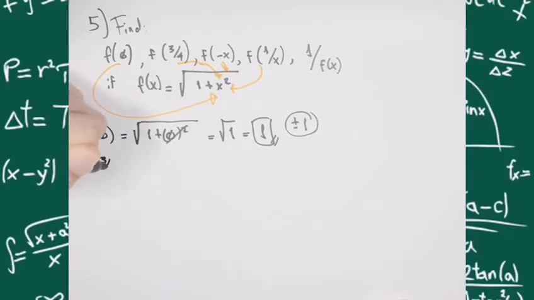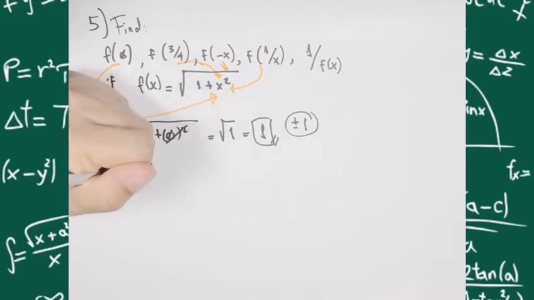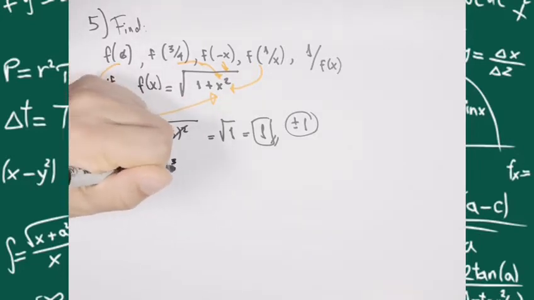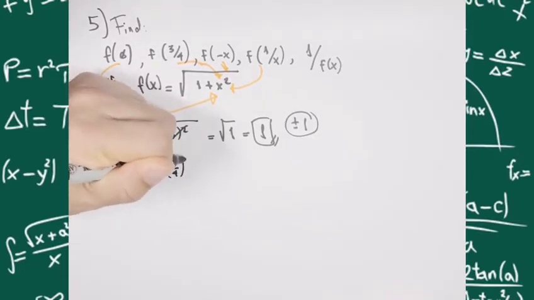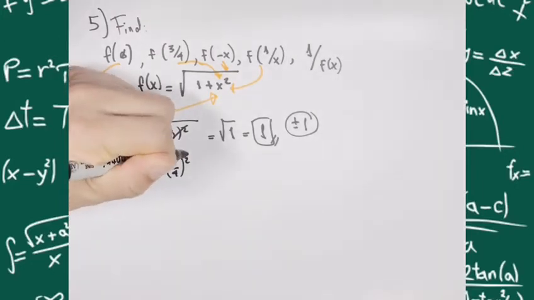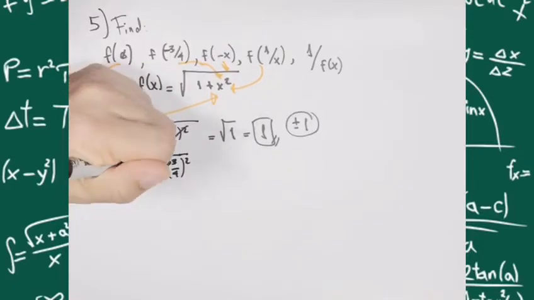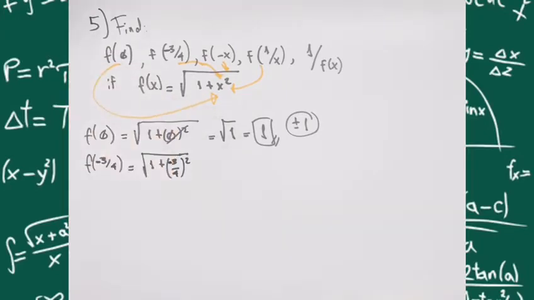Now we're going to do f of 3/4. Again, it's going to be the square root of 1 plus, replacing 3/4 inside the x, so we have 3/4 in parentheses squared inside the square root. Now, I want to show you something helpful for these square functions. We can put a minus right here, minus 3/4 squared, and it's going to be the same thing, because remember, minus times minus is plus.